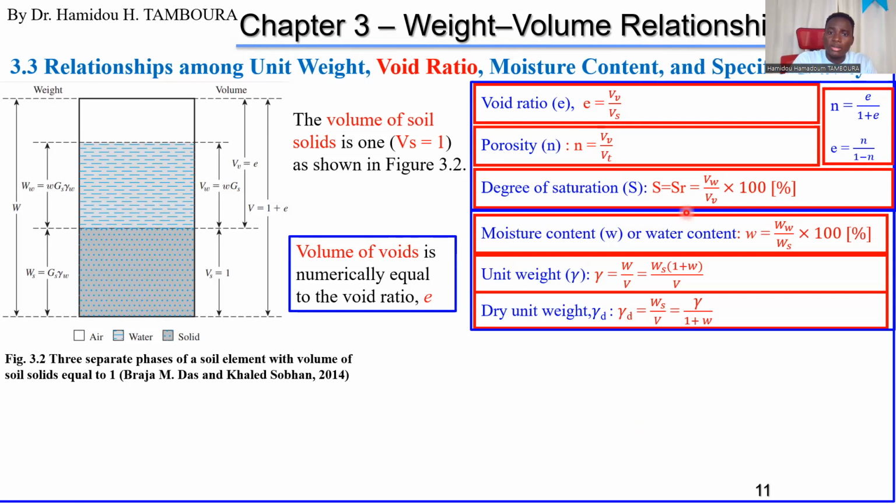So, in this definition, volume of void over volume of solid. If we consider that the volume of solid is 1, then it will be Vv divided by 1, and we will have the void ratio equal to the volume of void.